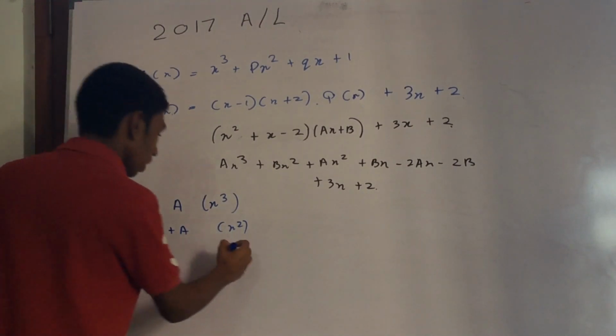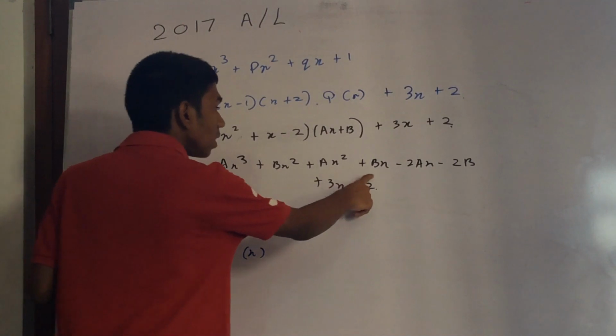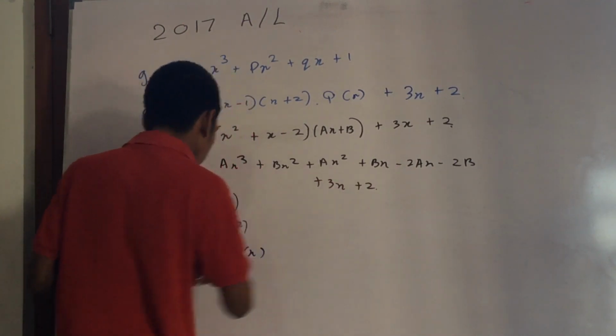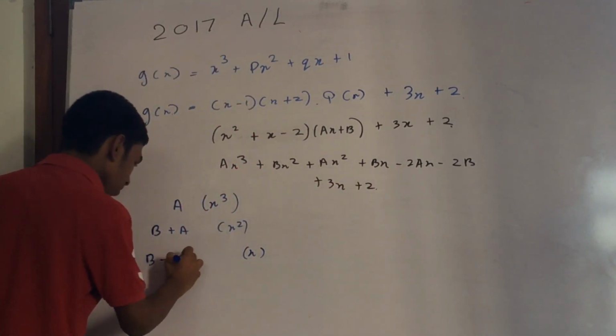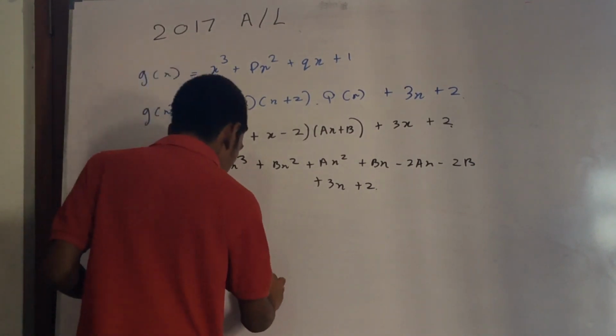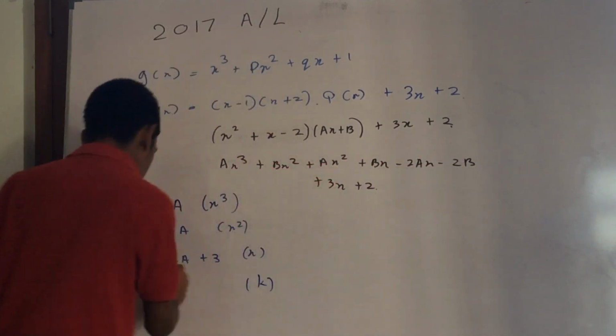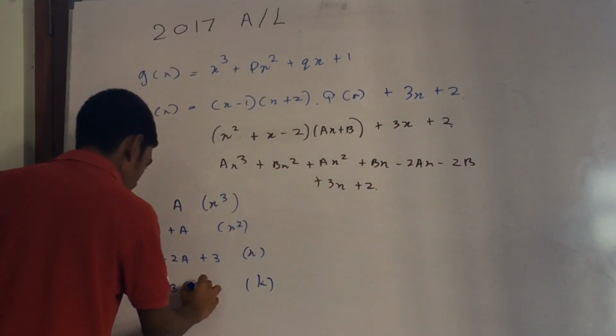For x, for this degree 1, we have b minus 2a and 3x. And for the constant we have minus 2b and 2.